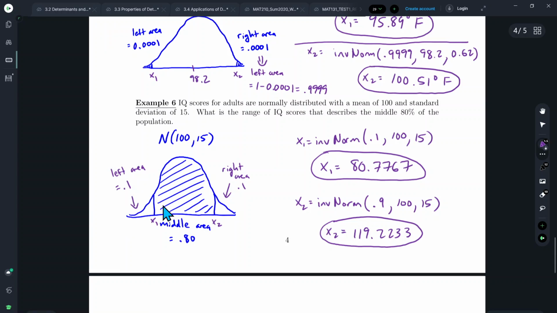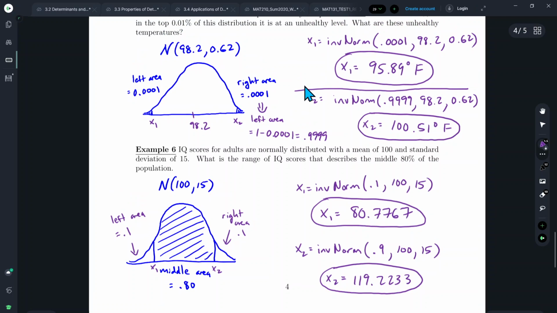So basically, the middle 80% of the population has an IQ between 80.7767 and 119.2233. These are some examples where we use the inverse norm command to calculate these x values for the normal distribution.